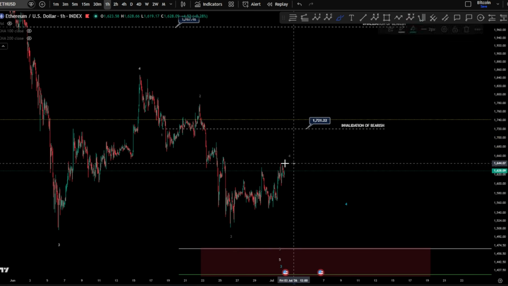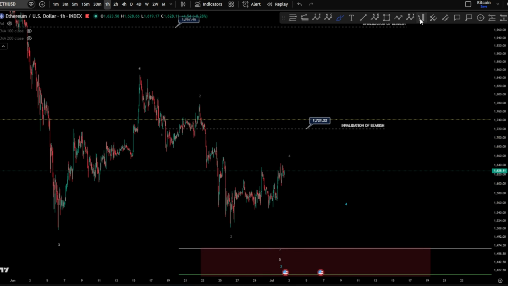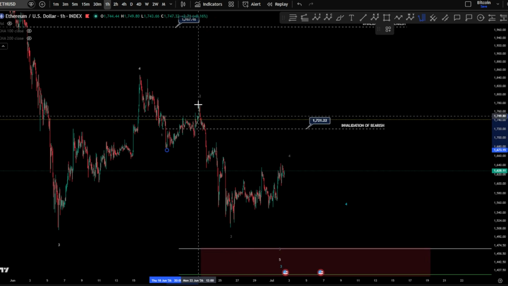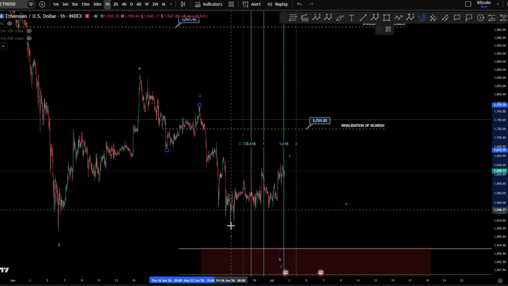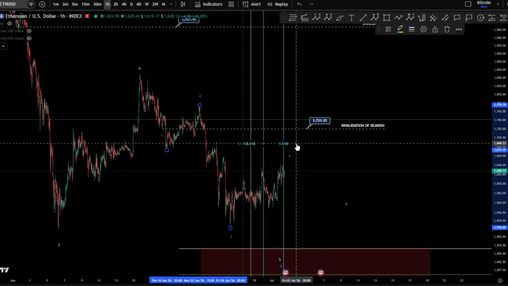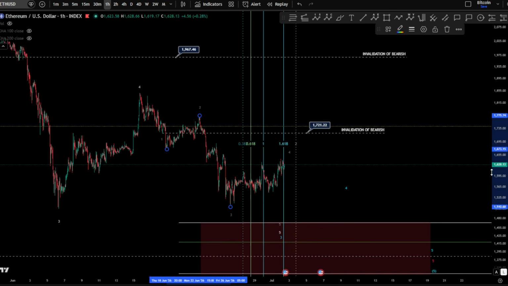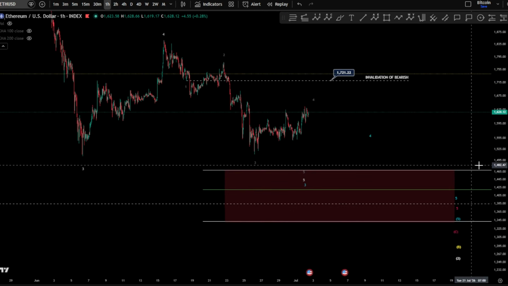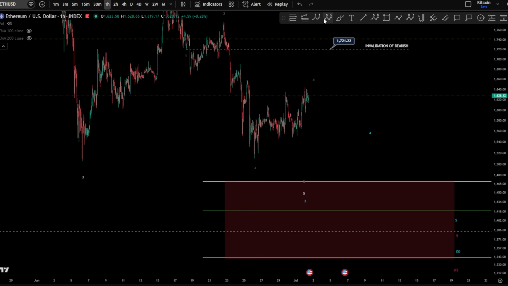The time of the wave 2 is still very acceptable, and even I would say the perfect time is reached for a wave 4. Even it can reach for a wave 2 here, or a Fibonacci level. And basically this wave 4 is unfolding here in a potential ABC or WXY.